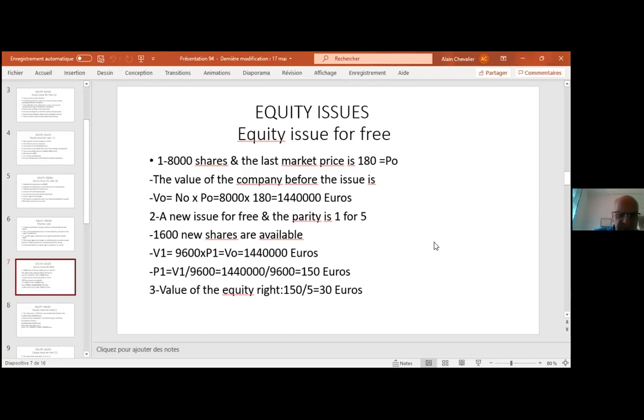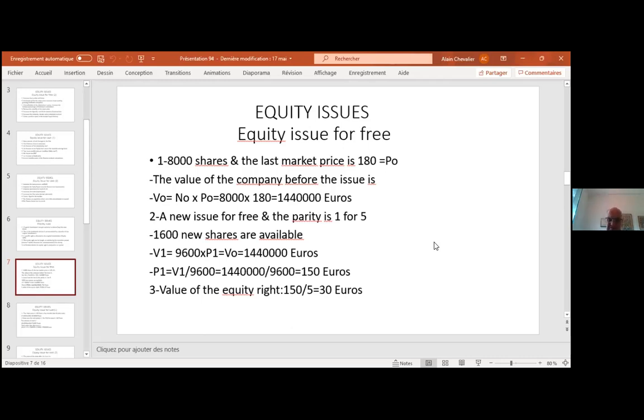We have 8,000 shares, and the last market price is 180 euros. So it's easy to calculate, and the result is 1,440,000 euros. This is the value of the company in market price, not book, before the issue.